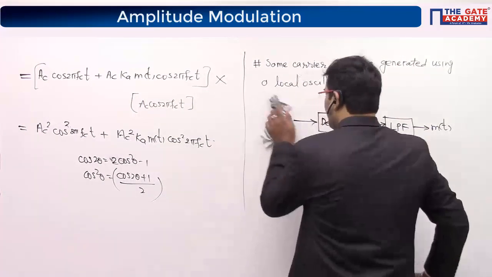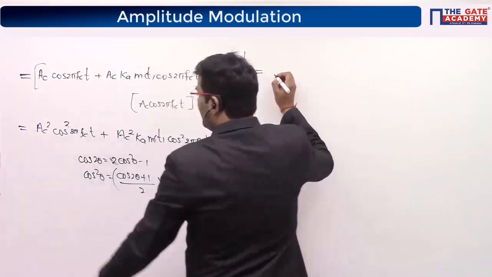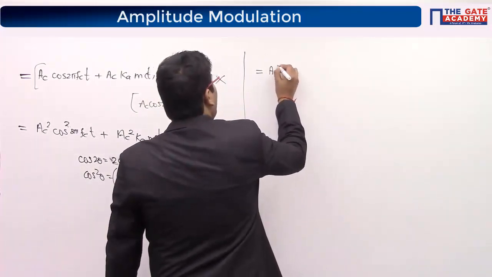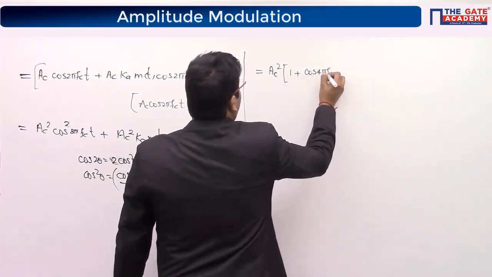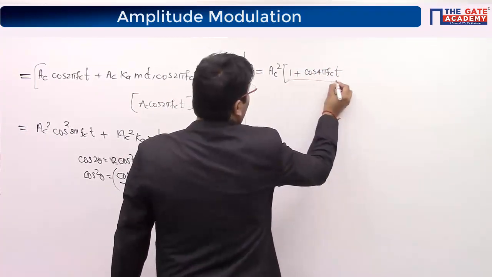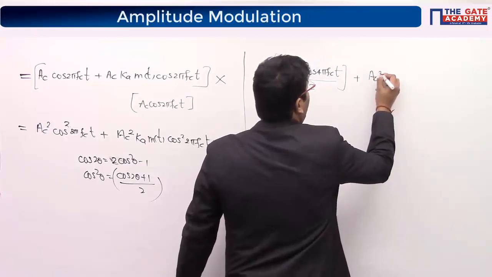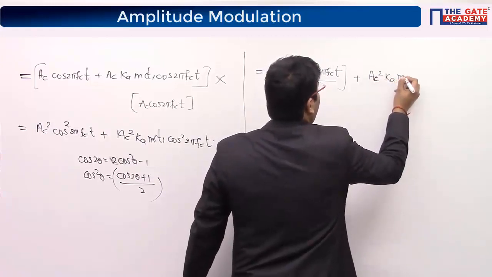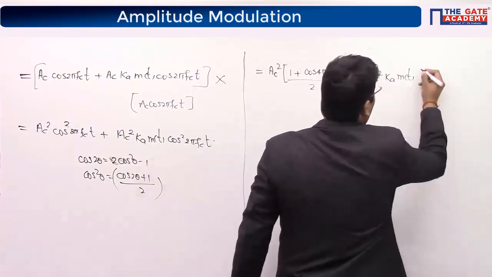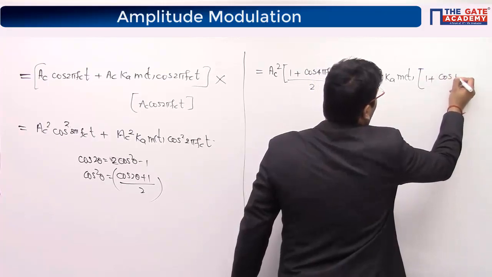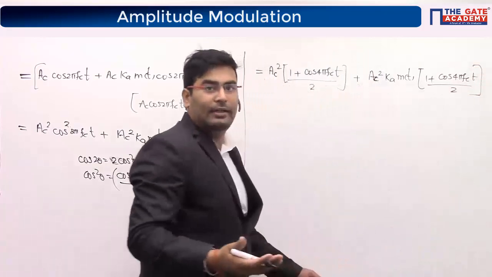Now the first term we can write as Ac square (1 plus cos 4 pi fct) by 2, plus Ac square ka m(t), this term, and it will be (1 plus cos 4 pi fct) by 2. Okay guys? Clear? Easy?